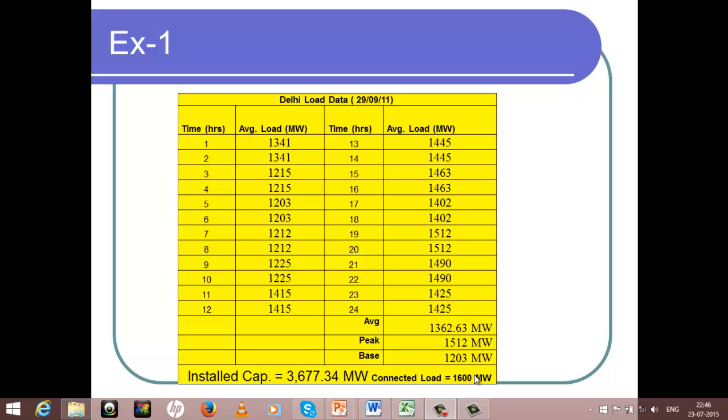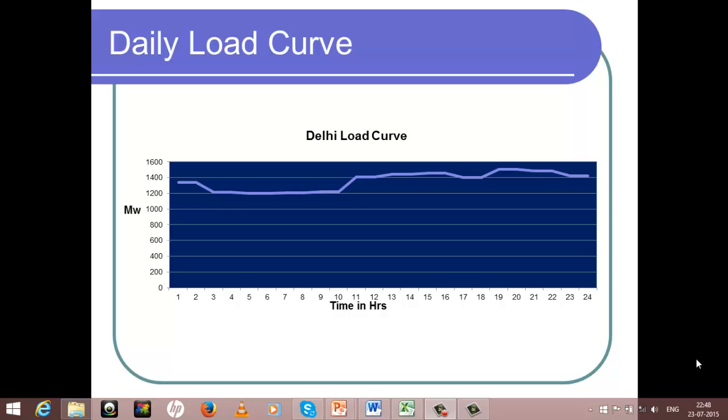Let's see the load curve for this particular data. The daily load curve has to be drawn as power versus time. Time should be from 0 to 24 hours, and the y-axis is in megawatt of power, as we have seen in the example. Now over the complete 24 hours, the curve is drawn as per the load variation.